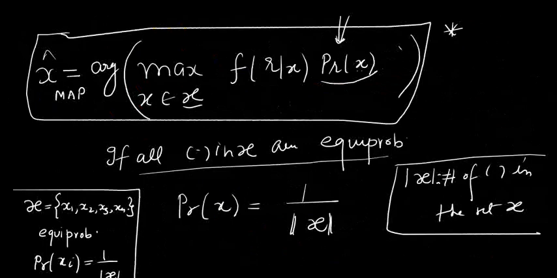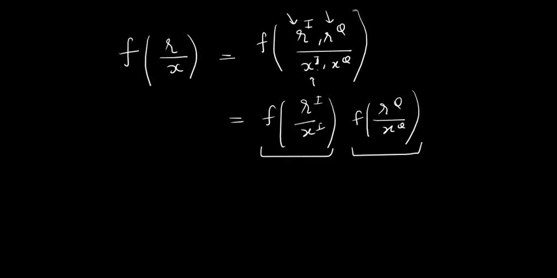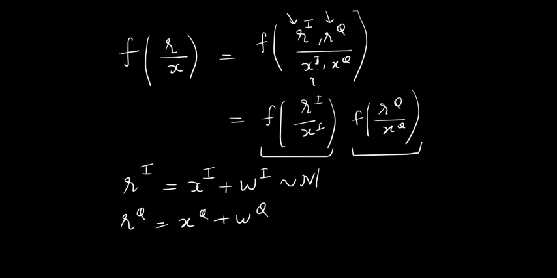So you can further write it like this: Ri is Xi plus Wi, Rq is Xq plus Wq, where Wi has variance N naught by 2. Okay? Clear till here?